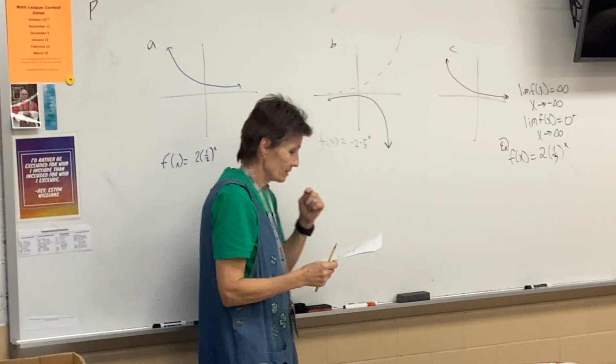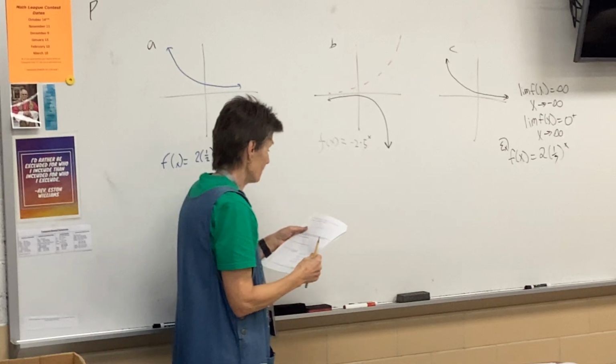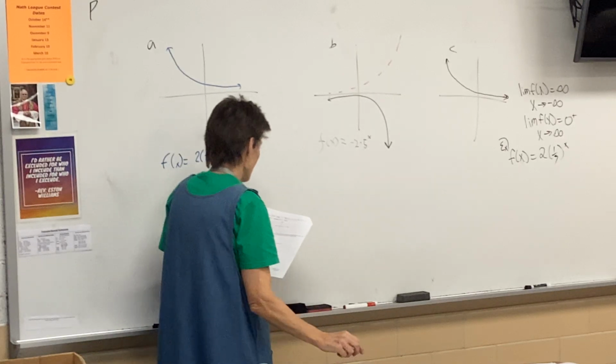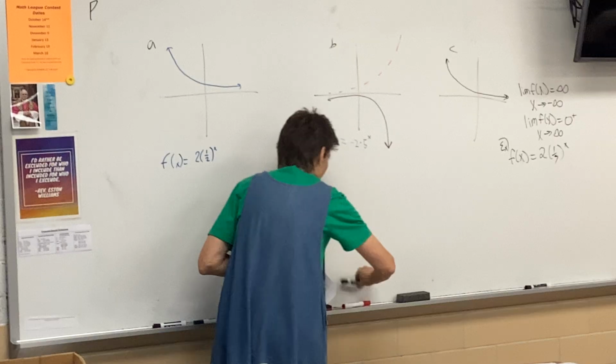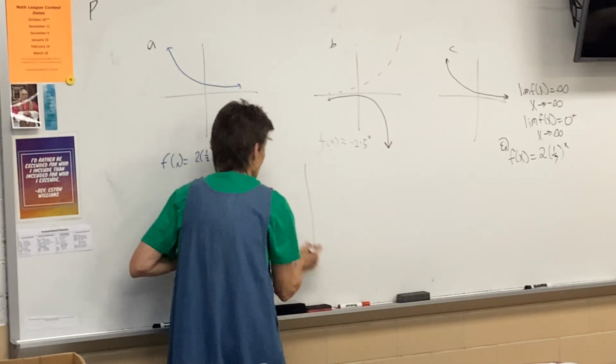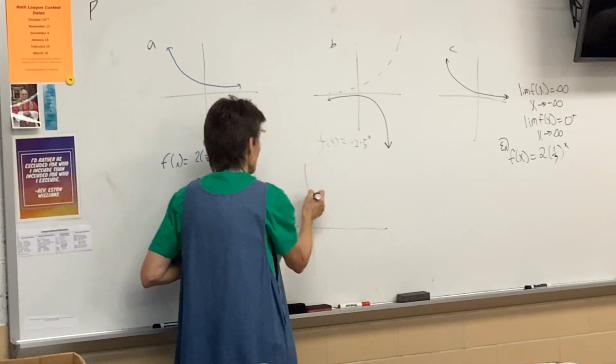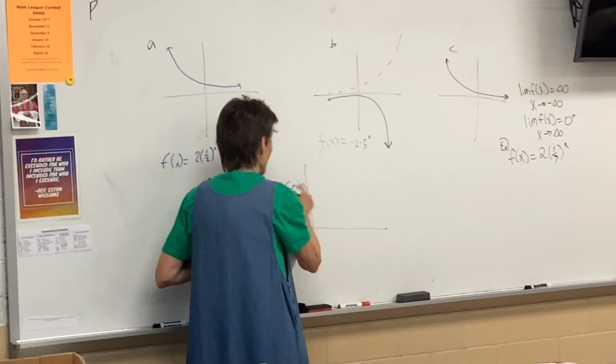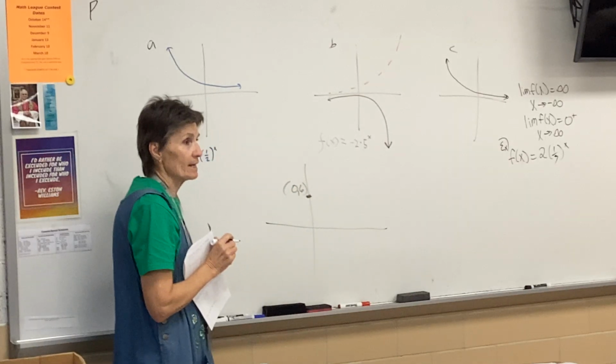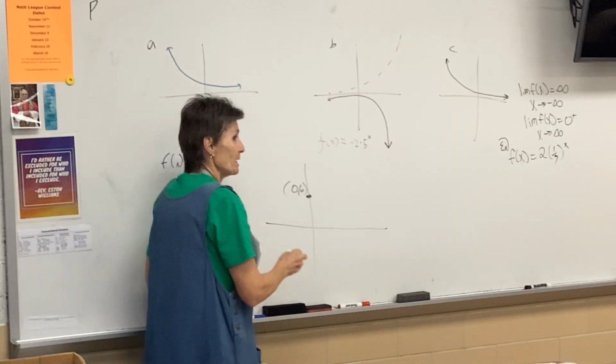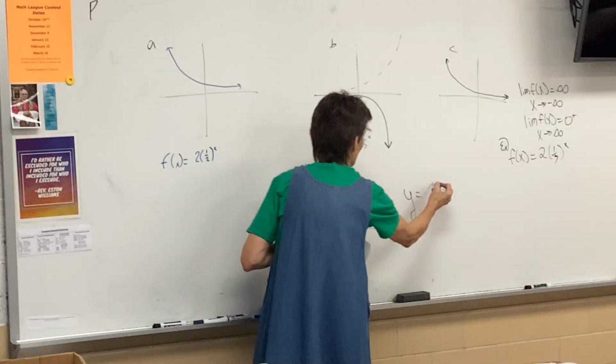All right. Oh, D is another one. The initial value is 6. What does that mean when we say the initial value is 6? What is that? Y-intercept. So whatever's happening, my y-intercept is 6. And my exponential equation will be y equals 6.